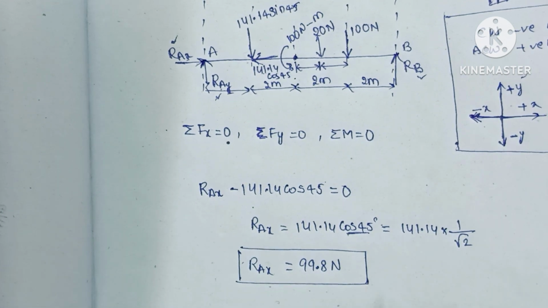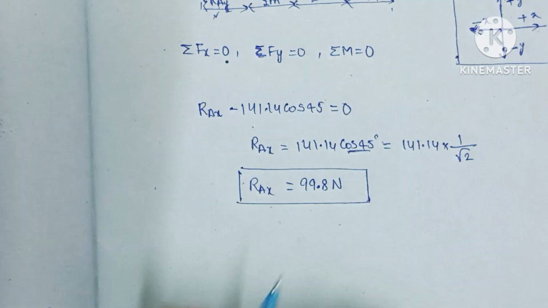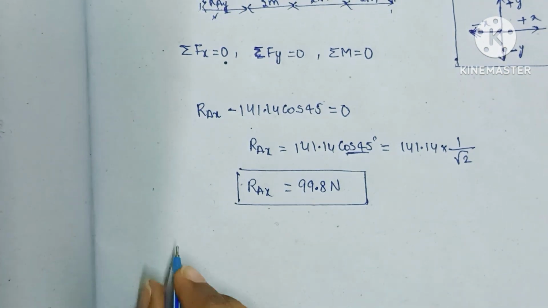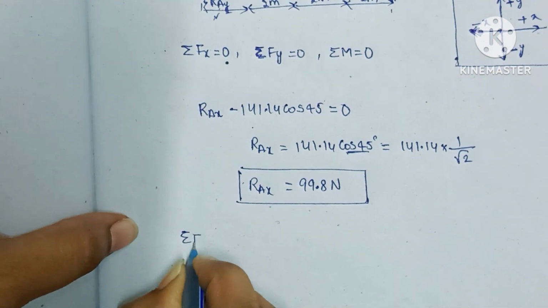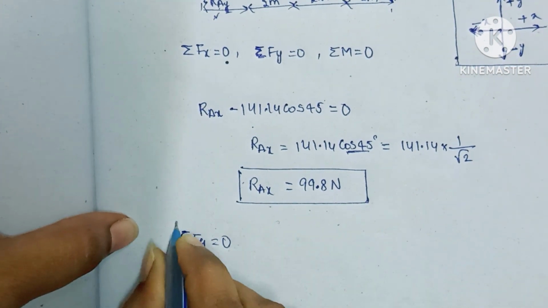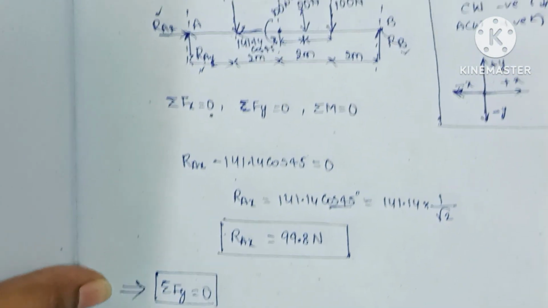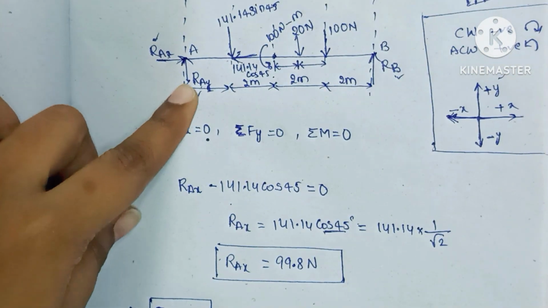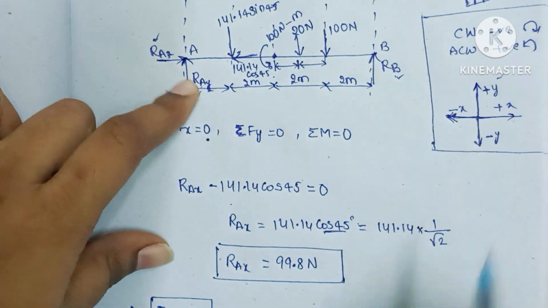We got one reaction force, and we have to find RAY as well as RB. So for the reaction forces in the y direction we will use sigma Fy equal to 0. If you see the diagram here, RAY is acting upward, so for upward force we have positive.